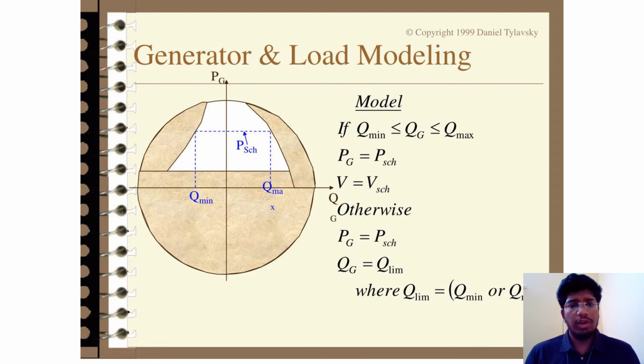Generator and load modeling. Modeling can be done as shown if we consider a circular mean of total generation of power and distribution of load in a graphical method which represents Q on the x-axis and G on the y-axis.